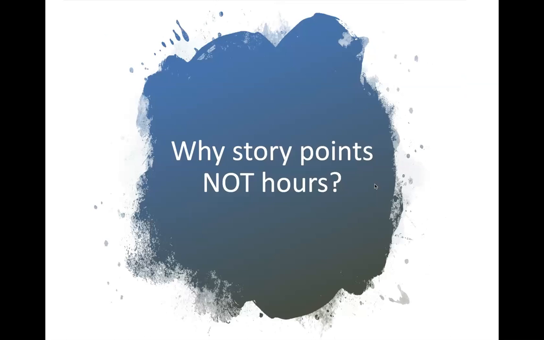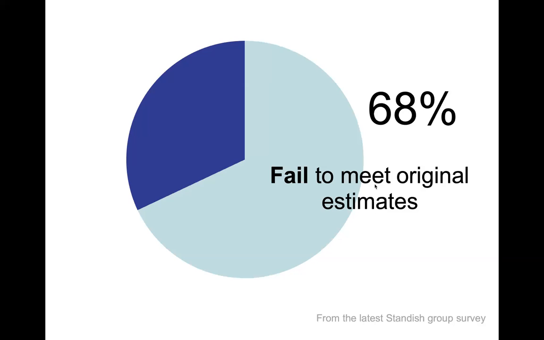Why story points, not hours? The reason is that we are human beings, so we can't provide original estimates with accurate data. Through the Standish Group survey, they found that 68% of people fail to provide accurate original estimates.